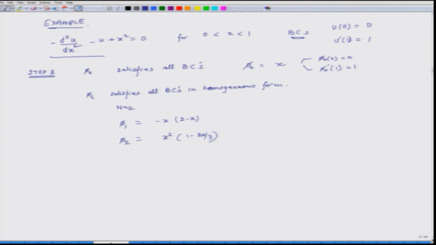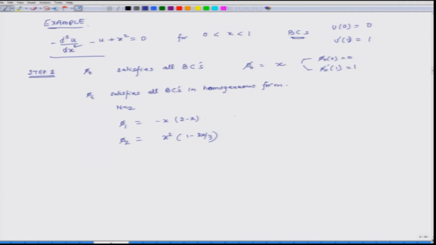So let us see: phi 1 at x equal to 0 is 0, it satisfies that boundary condition. Then phi 1, its first differential is minus 2 plus 2x, and that is equal to 0 at the other end.